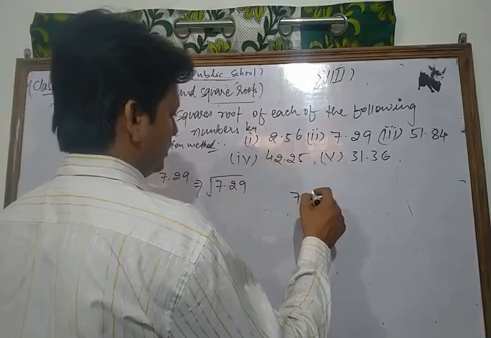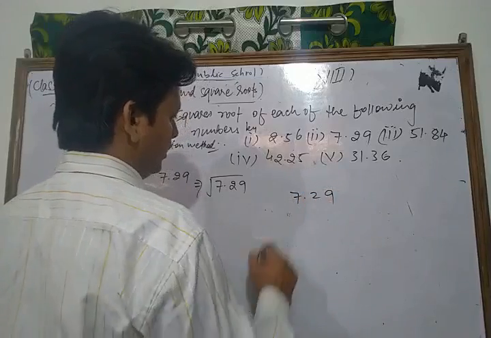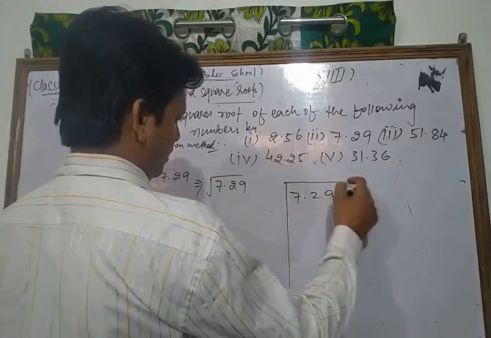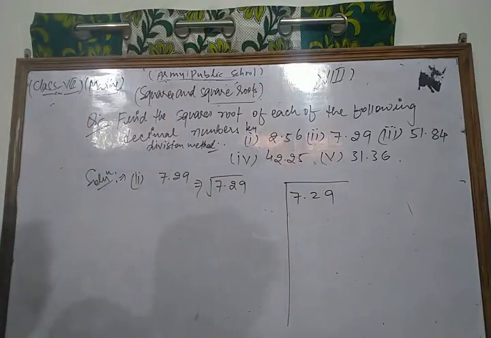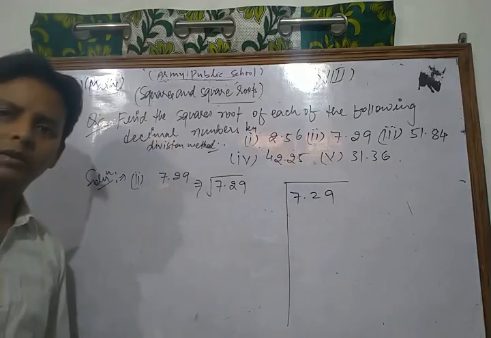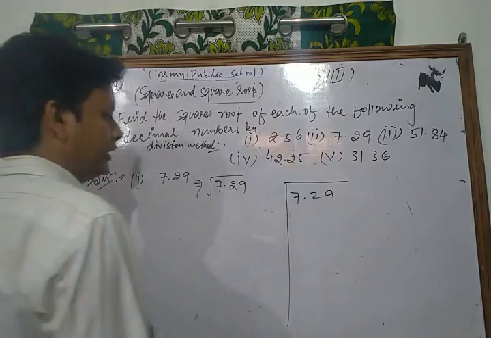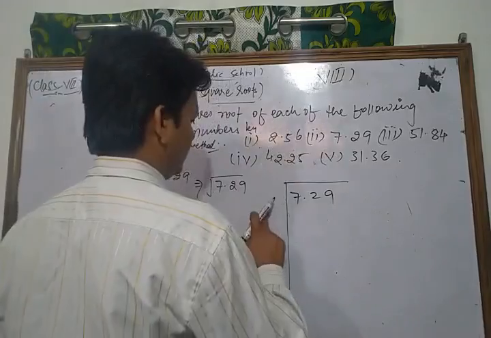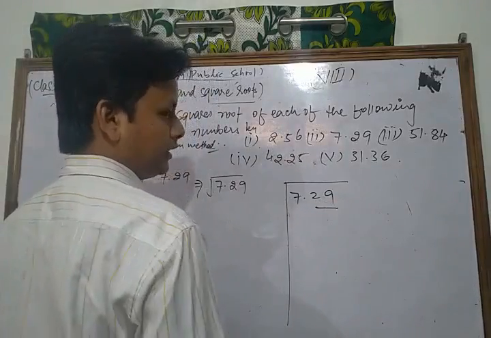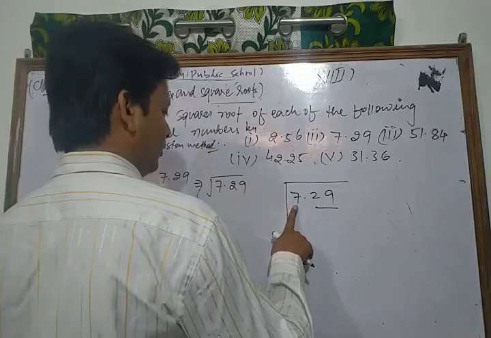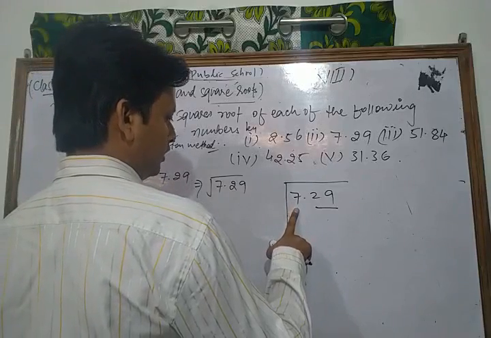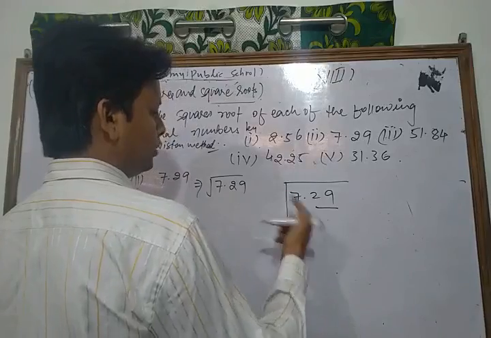We find the square root of the given number. We form pairs from the decimal point, and here there is only one digit on the left side of the decimal, so we take 2 twos are 4, 3 threes are 9. 9 is greater than 7.